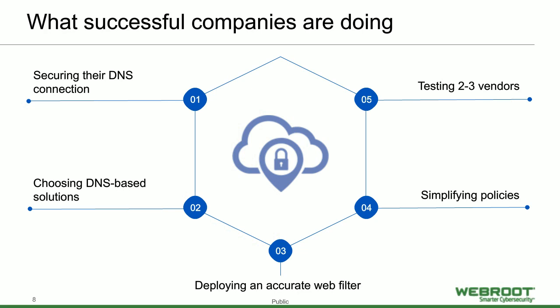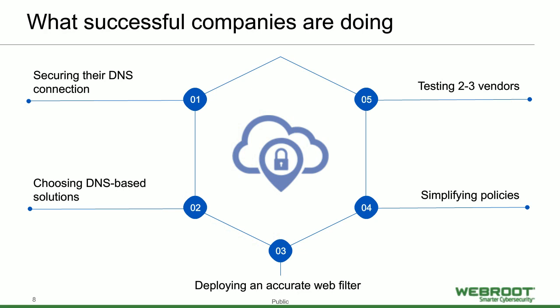So we're choosing a DNS-based solution rather than just using our own servers, or using Google, or using our upstream ISP. We're now looking at solutions that offer some of the same capabilities as the complex web filtering and proxy systems, but are much more scalable, easier to implement, and much simpler to operate and manage.